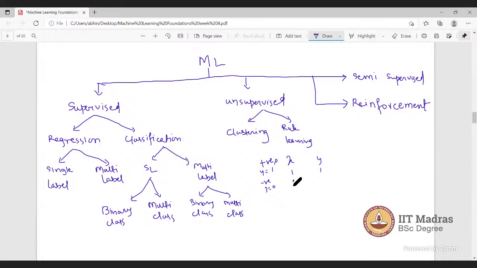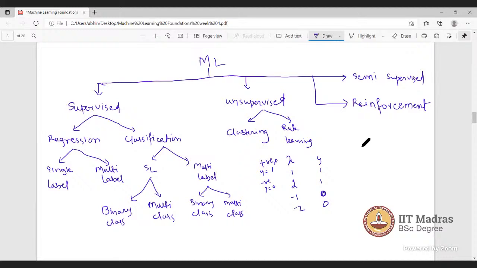X is 2, then Y will be 1. If X is minus 1, Y will be 0. And for minus 2, it will be 0. Such a setup, where for each particular input we have only one label, is called a single label problem. So this is an example of a single label setup.